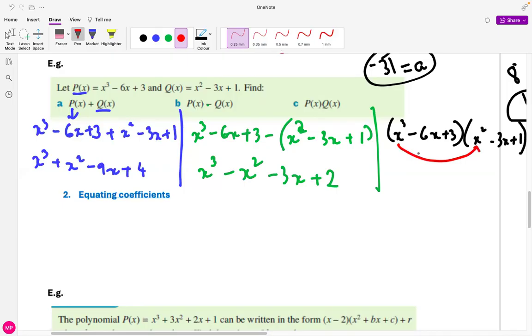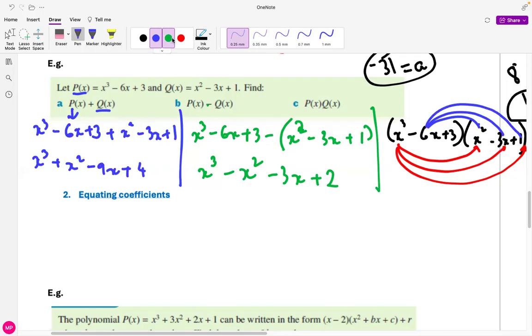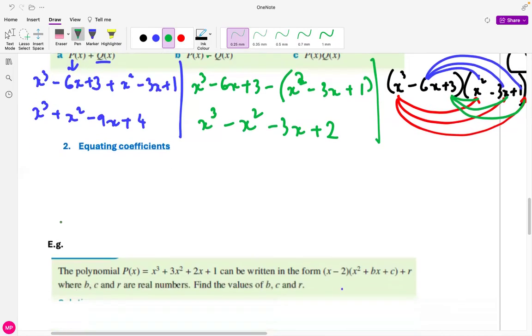You can do this times this, then this times this, then this times this, and then you do the same thing for the other one. The second term you do this times this one, this times this one, this times this one. And then you do one more time, which the third term is this times this, this times this. So you have 9 terms altogether. All right.